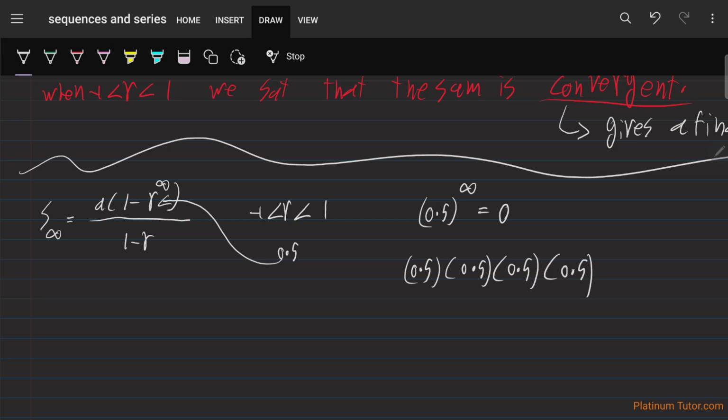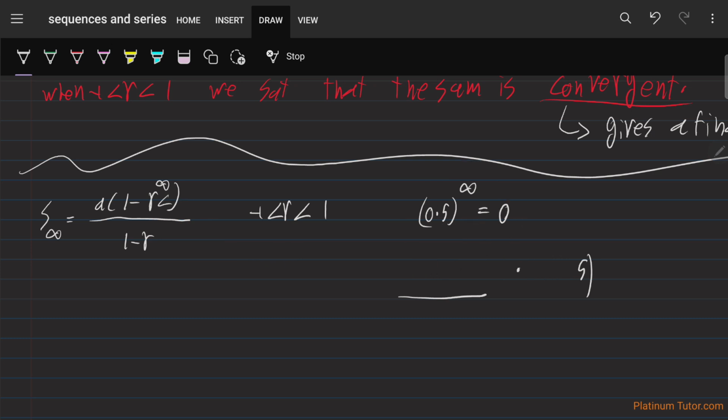And if you guys try this on your calculator, every time you multiply 0.5 by itself, it becomes smaller and smaller and smaller. Okay, so if you keep going, the numbers keep getting smaller and smaller and smaller. And so if you do this infinitely many times, you essentially get 0.